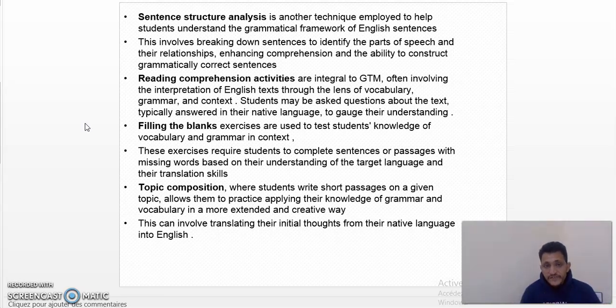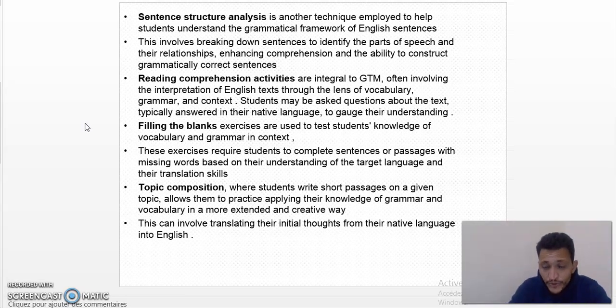Students analyze the sentence structure, the parts of speech and the relationships between the words that compose each sentence. This involves breaking down sentences to identify the parts of speech and relationships, enhancing comprehension and the ability to construct grammatically correct sentences. This is the aim: to help learners be able to construct grammatically correct sentences.